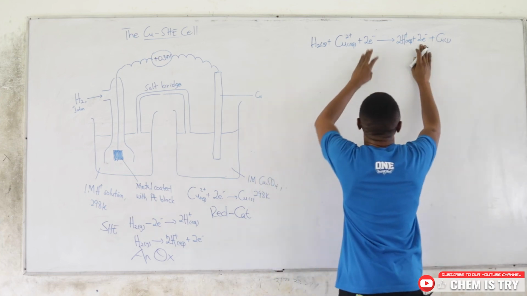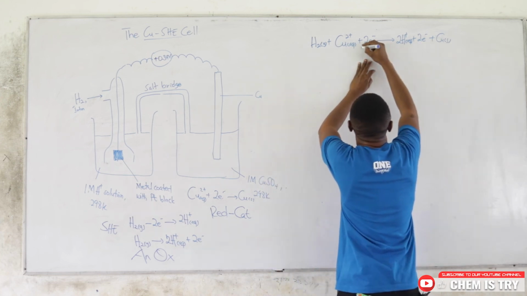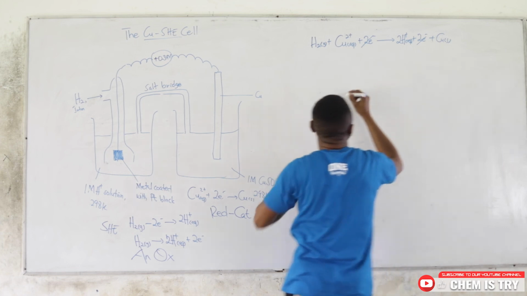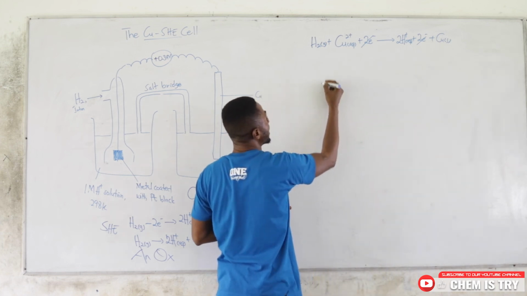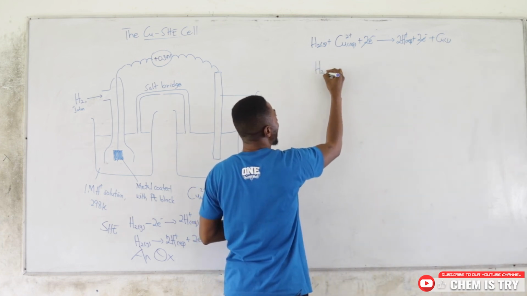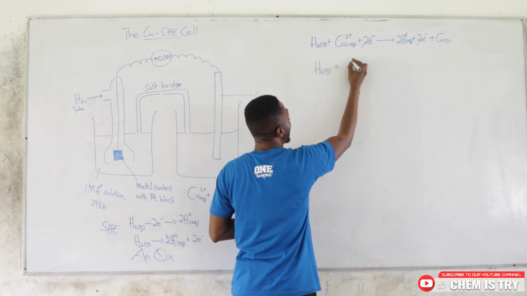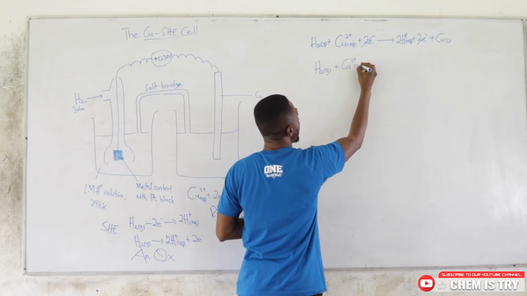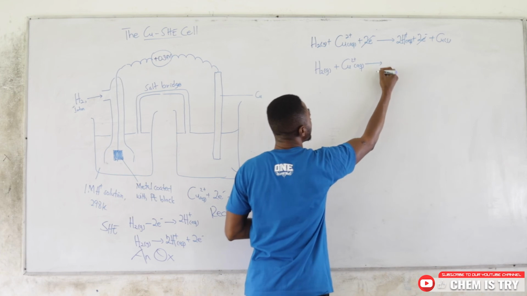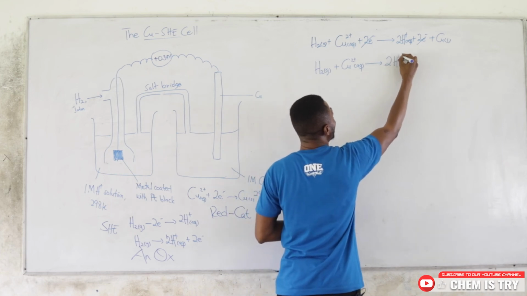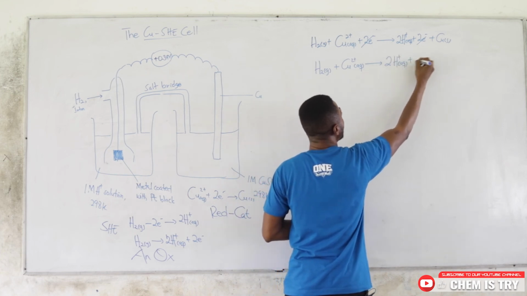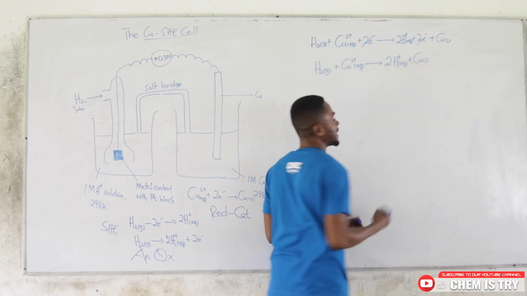We have 2 electrons on both sides. They can cancel out. And our overall reaction becomes hydrogen gas plus copper 2 ions in solution, going to produce 2 moles of hydrogen ions in solution plus copper metal.